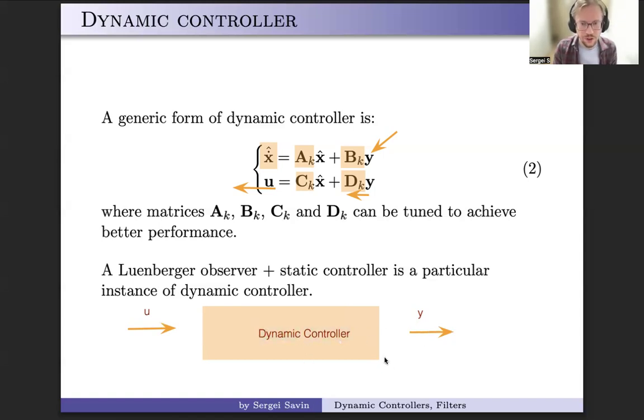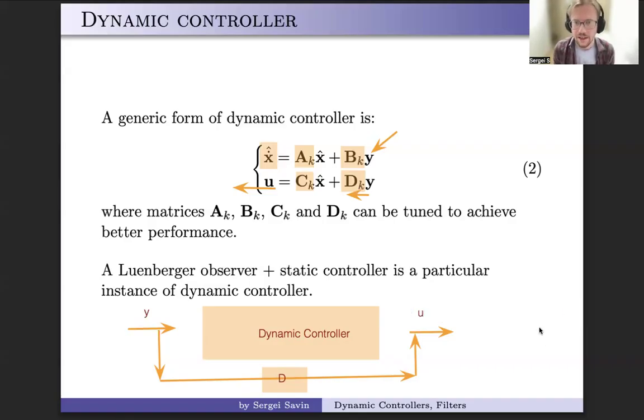Right, dynamic controller here has an internal state. But feed through, what it does, it bypasses this dynamic controller and adds itself to the output, right? So we can think of it as D matrix here, just taking input and putting it into the output, right? Of course, in this case, this is input. In case of this guy, that is input. That will be output, right?